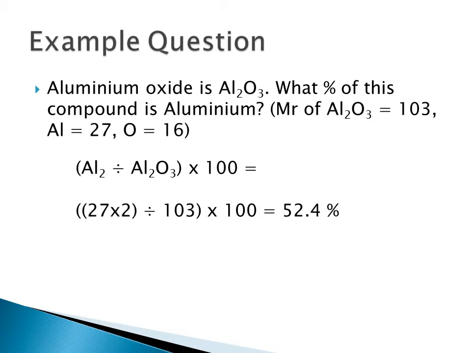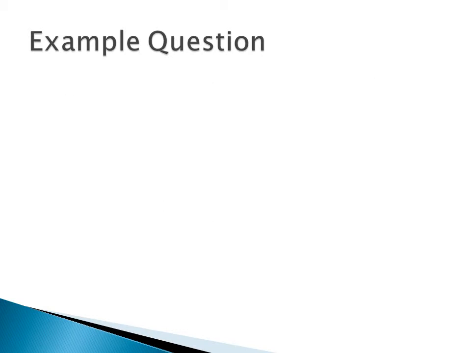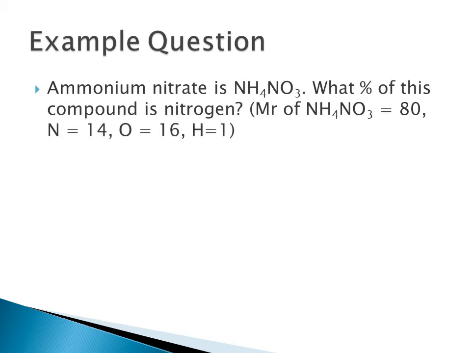There is one potential one they could give you that's harder than that though. So this is probably the hardest one you could get at GCSE chemistry. Ammonium nitrate is NH4NO3. What percentage of this compound is nitrogen? Now the problem with this one is that there are two nitrogens in two different places.